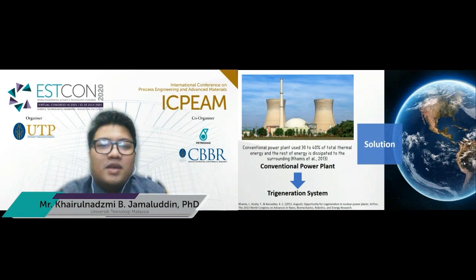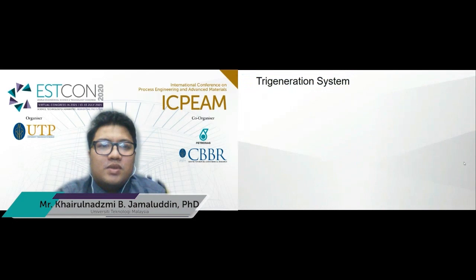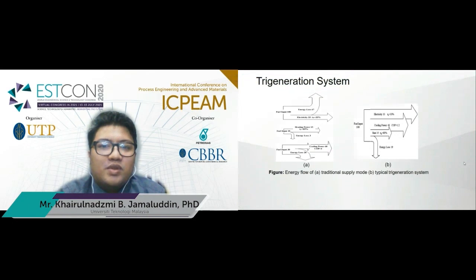2013. What is trigenerating system? So trigenerating system, or we call it as trigen system, is actually a system that can enable to produce three simultaneous energy from a single fuel input. So this figure shows energy flow of traditional supply mode and also trigen system.